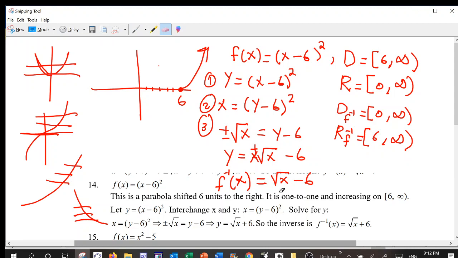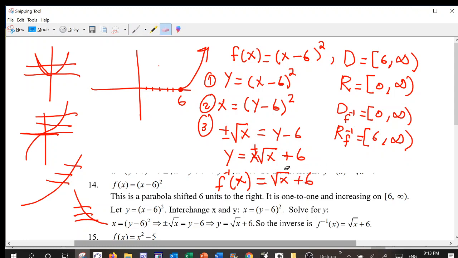And if you graph the square root of x minus 6, right? That's, where do I put minus? Minus 6 should be plus, sorry. Because you move the 6 to the other side, it becomes plus. All right, plus 6.